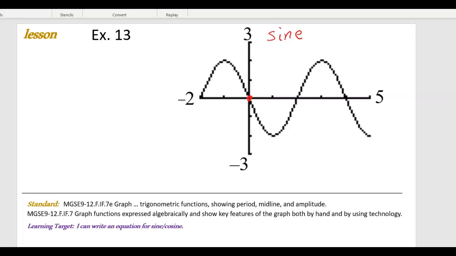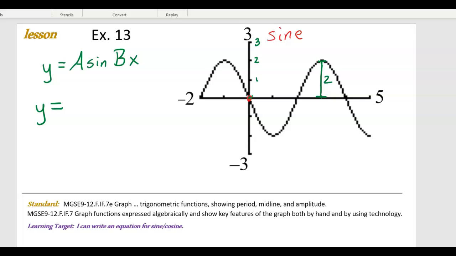Example 3. I'm going to use the easy method. Now, we've got to be careful here because if this y value is 3, that means 1, 2, 3. I want to build a sine function because it's going through the origin. So I'm going to build a sine function. The height is 2, so I have y equals, now here's where I need to be careful.